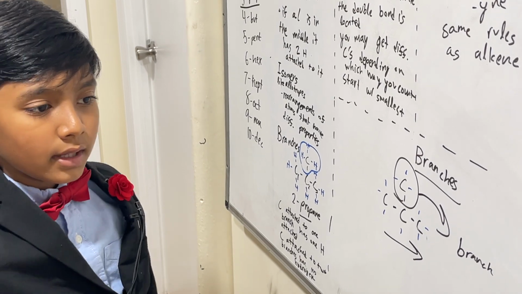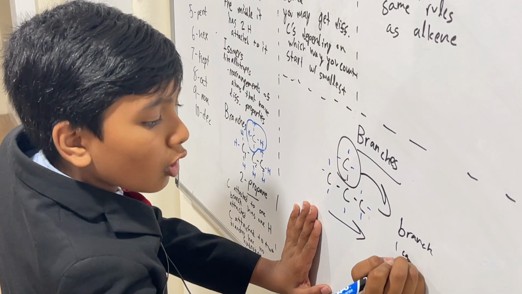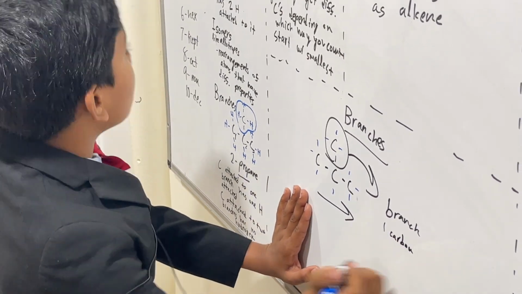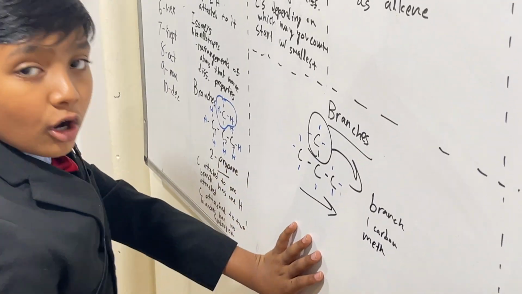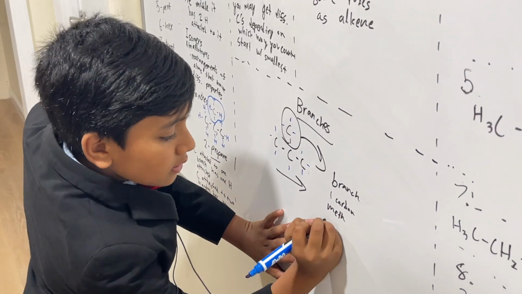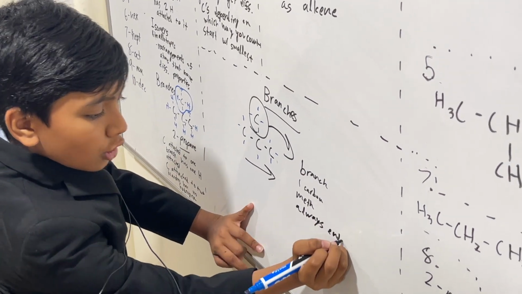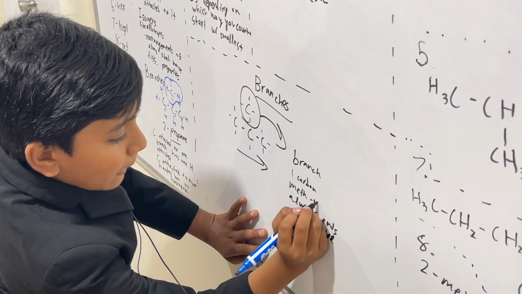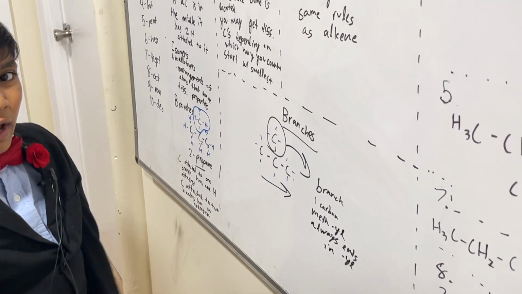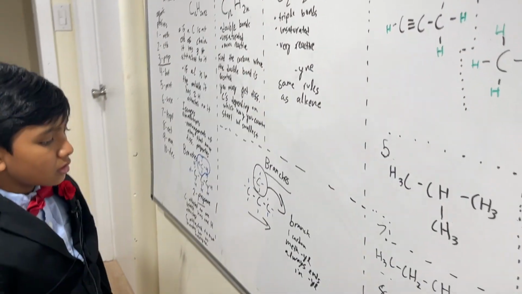So this branch only has one carbon. So the prefix would be meth, and it always ends in -yl. So methyl, or ethyl, or butyl, or propyl.